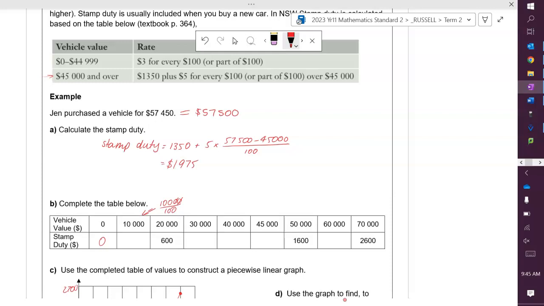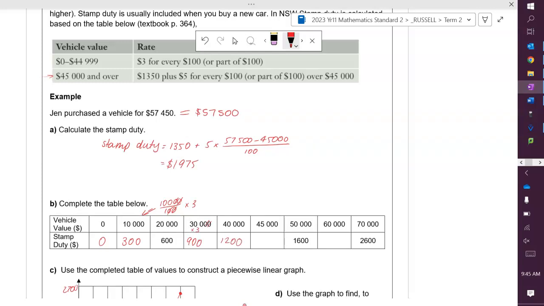I'll cross off my 2 zeros, so it's 100 times 3. That tells me that for $10,000, my stamp duty is $300. You can see for $20,000, it's $600. For $30,000, take our 2 zeros off and times by 3, so $900. This is going to be $1,200.